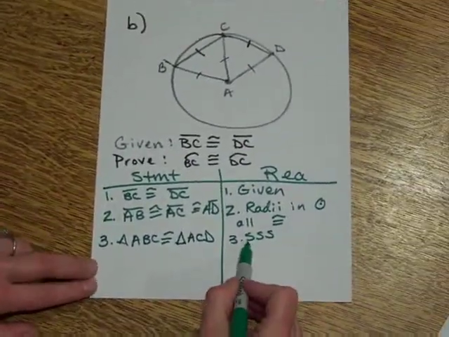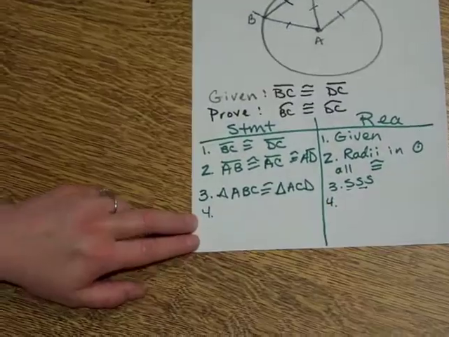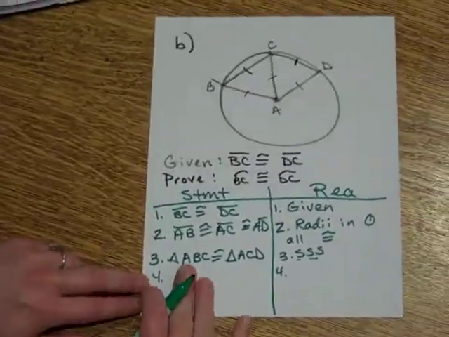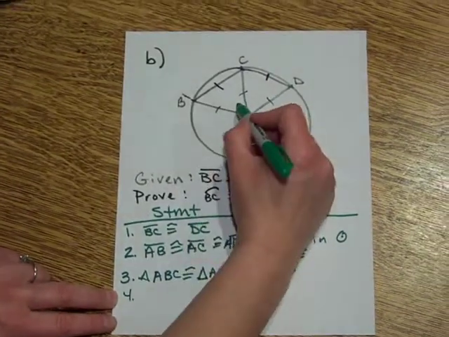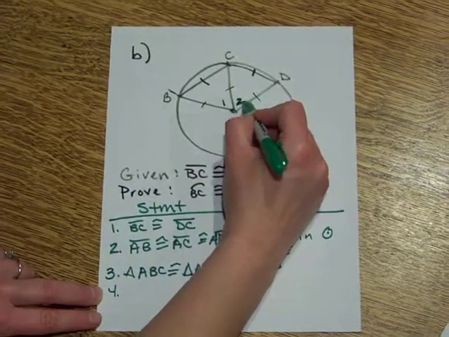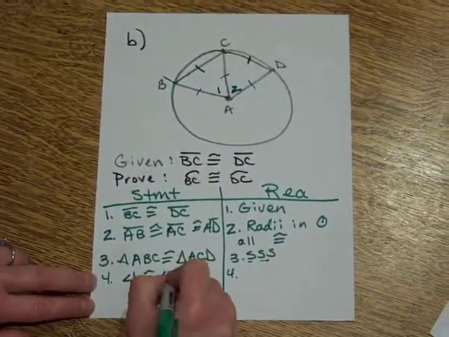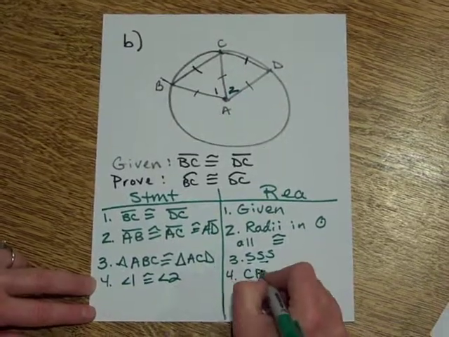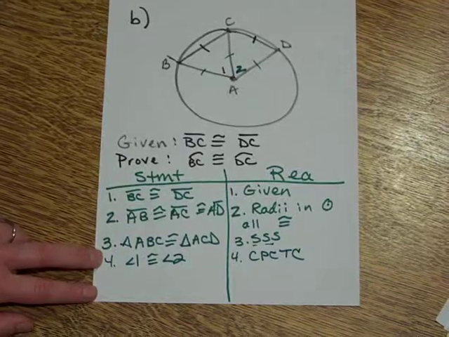If we have congruent triangles, then the next step, hopefully we're not rusty on this, is that we can state that these angles, I'm going to number my angles, angle 1 is congruent to angle 2, and that's by CPCTC. Congruent parts of congruent triangles are congruent.